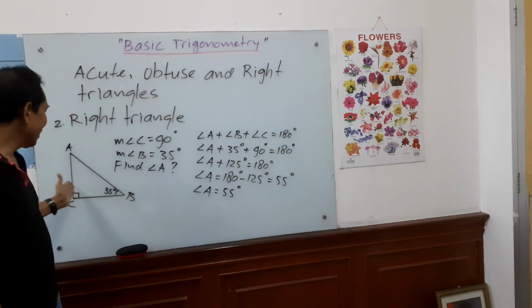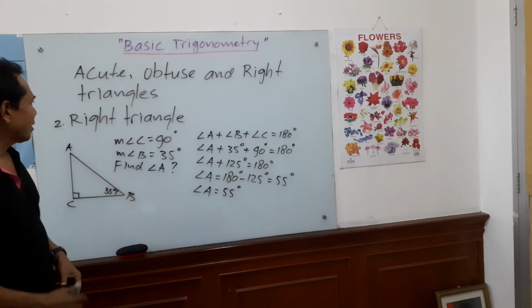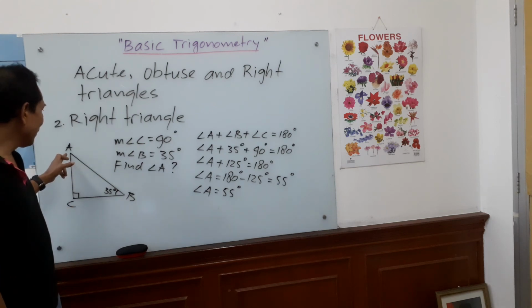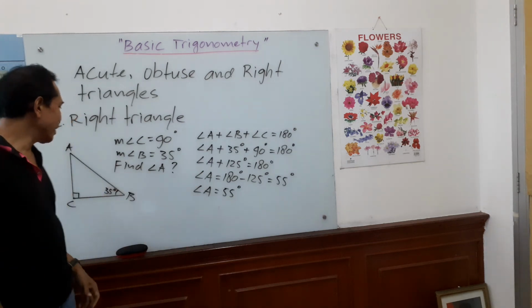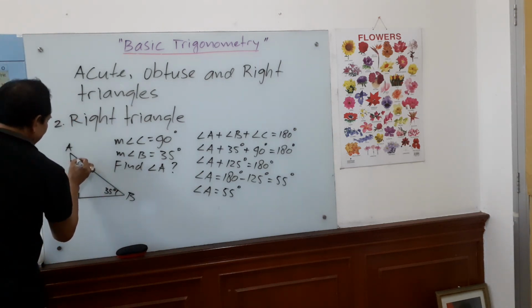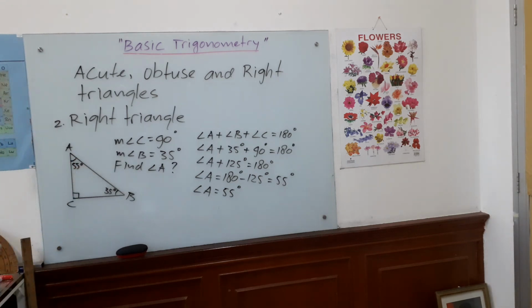So we call this triangle a right triangle. Now we have found angle A. Angle A is 55 degrees. So you can put 55 degrees here.